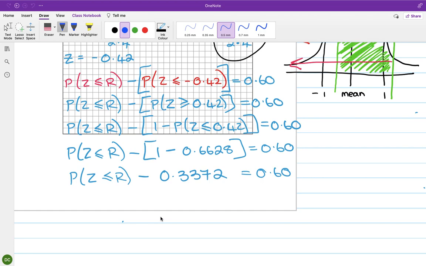Then I'm going to add on 0.3372 and I'm going to add on 0.3372. They cancel.